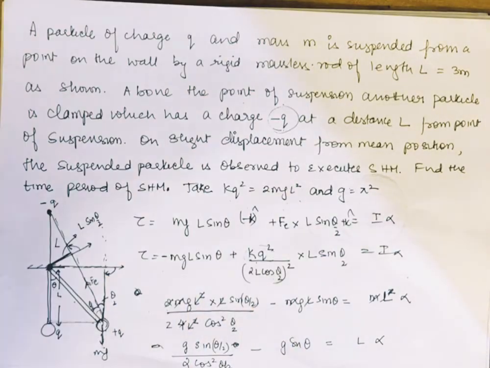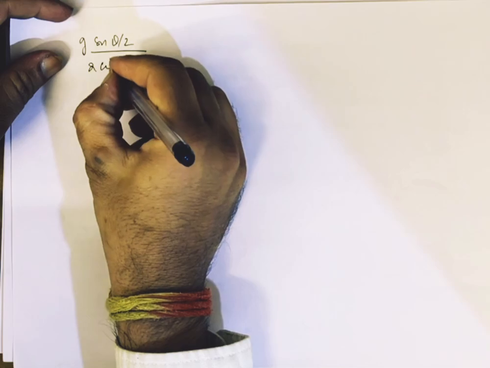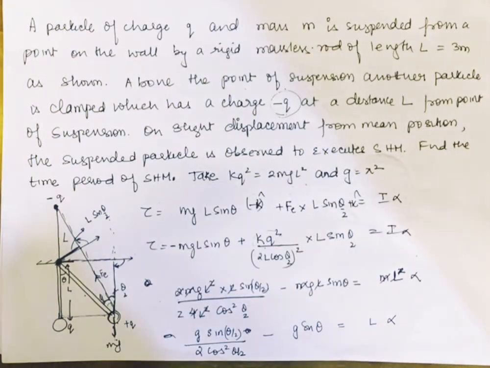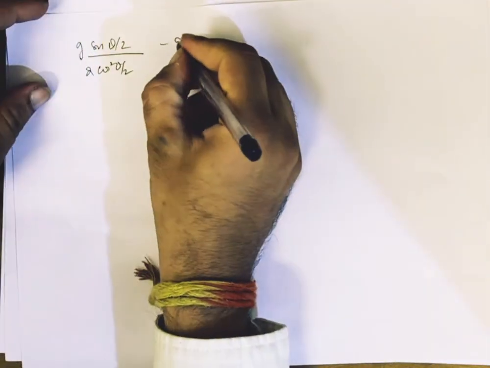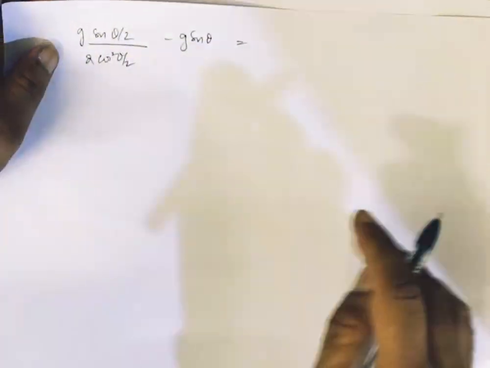So we calculate here, g sin theta by 2 upon 2 cos square theta by 2, minus g sin theta, equals L alpha.